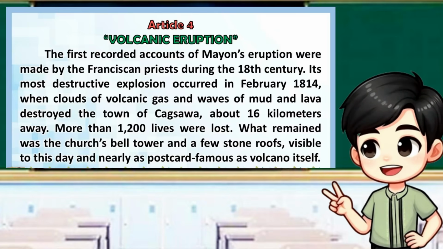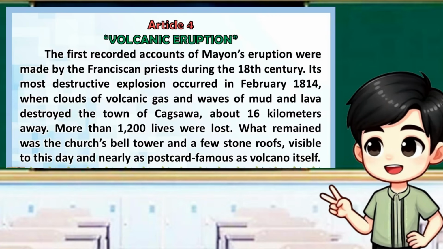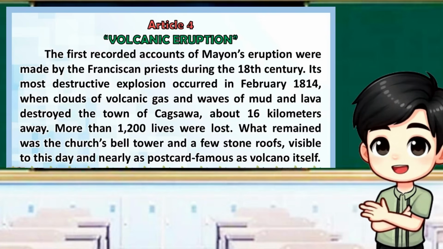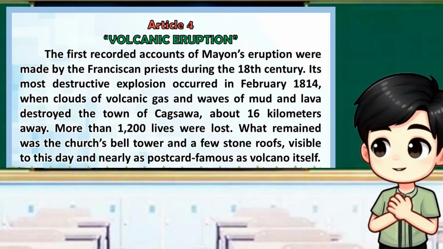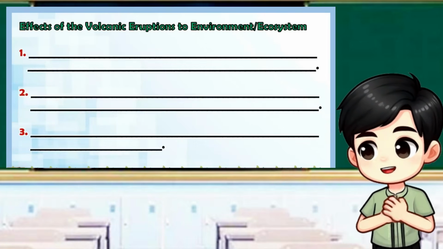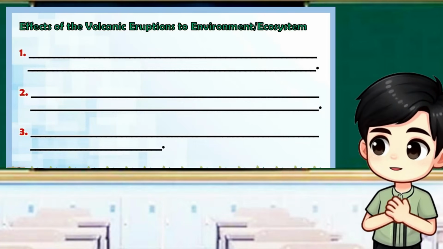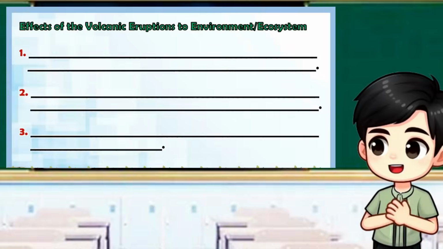More than 1,200 lives were lost. What remained was the church bell tower and a few stone roofs, visible to this day and nearly as postcard famous as the volcano itself. What will be the effects of the volcanic eruptions to environment and ecosystem?